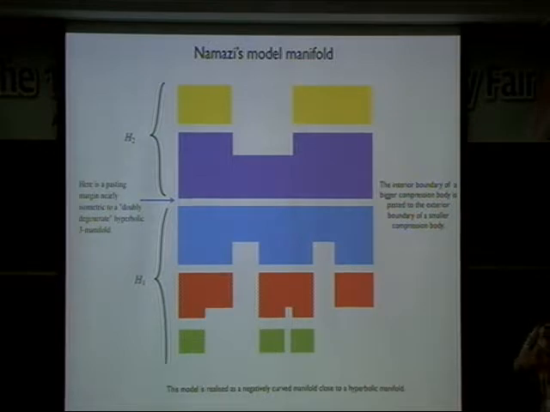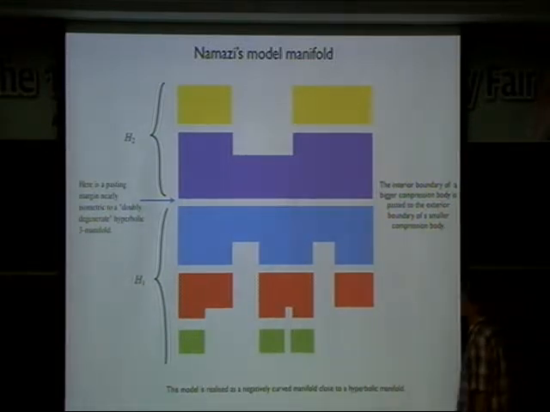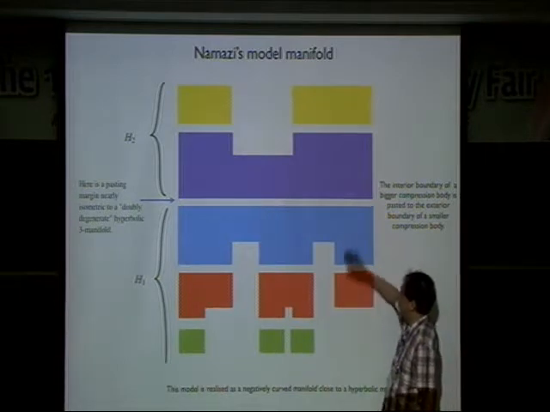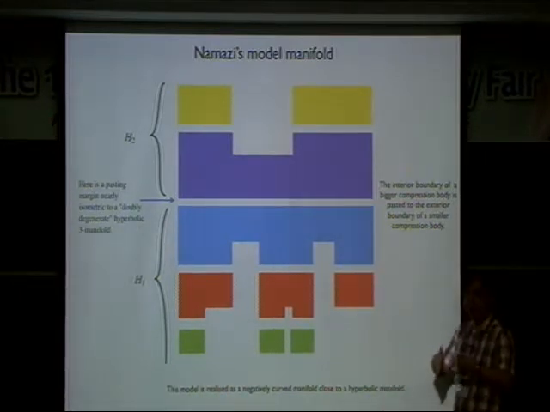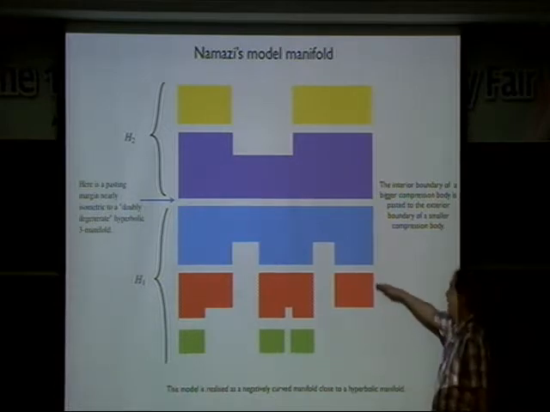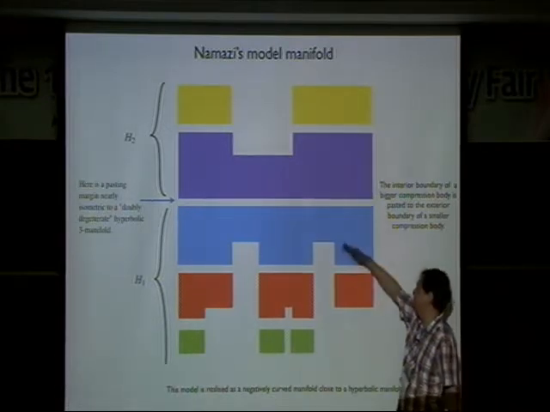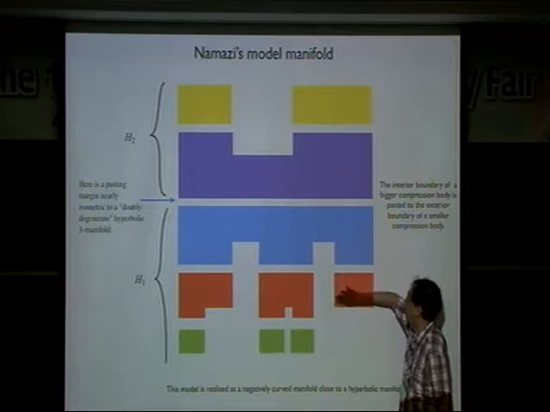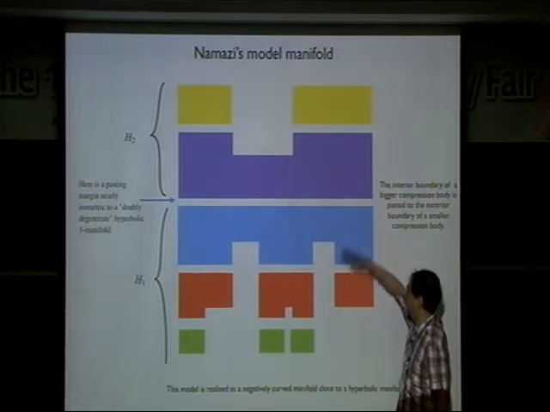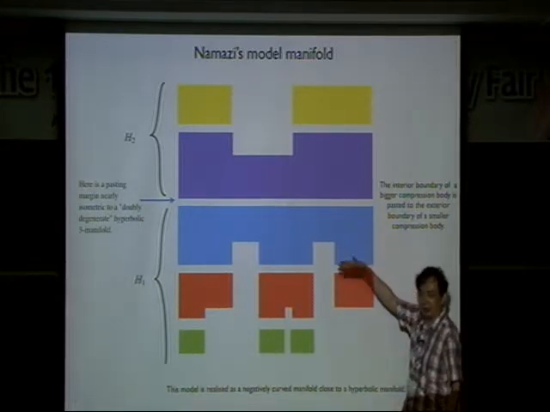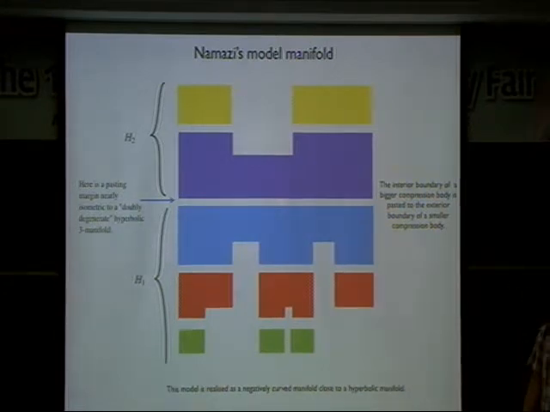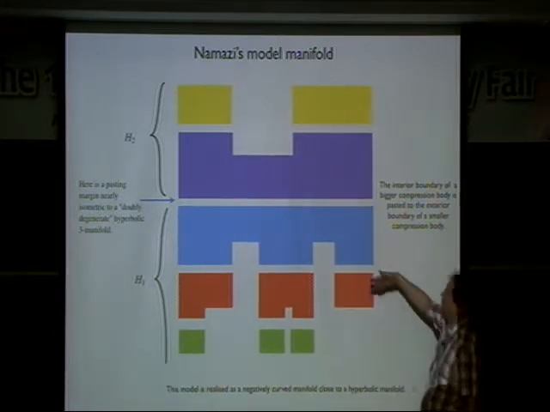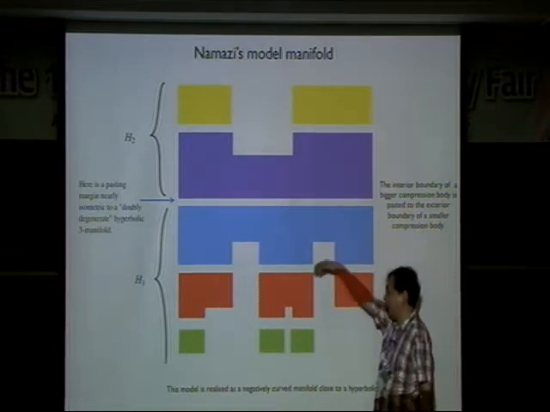You consider the hyperbolic compression bodies, and you paste them by using a bi-Lipschitz map between the neighborhoods of this compression body and that compression body. So there's a systematic way to construct such a model manifold.